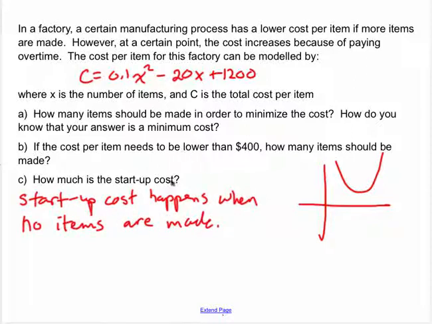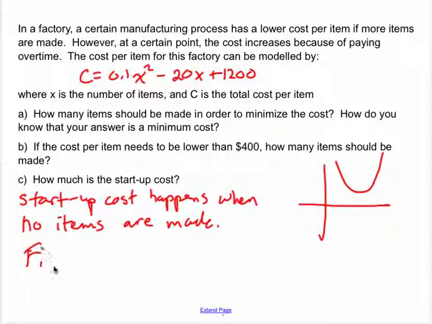Okay, so the startup cost is how much money did it cost to even set up your factory, your equipment, your employees, all that stuff. How much did it actually cost to start up your company before you even pressed the start button to make one item? In other words, what's my vertical intercept?